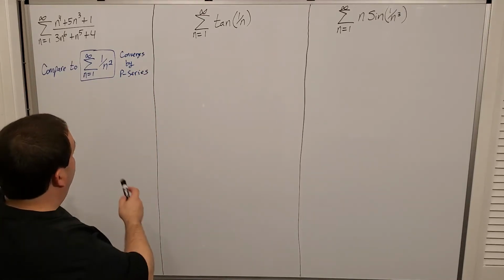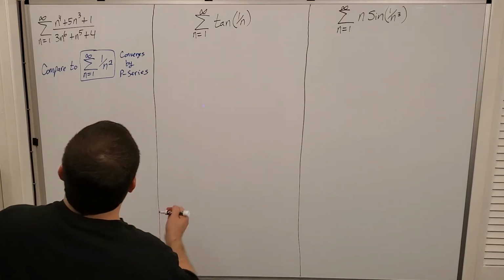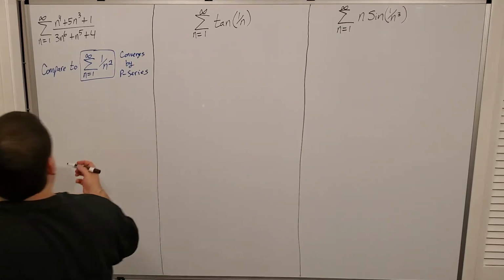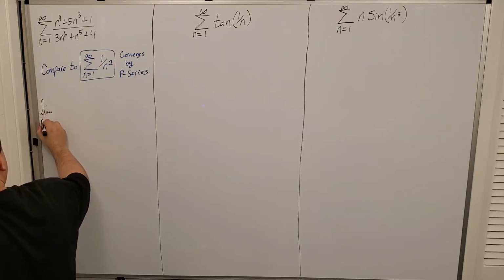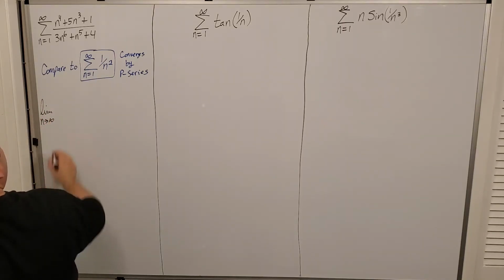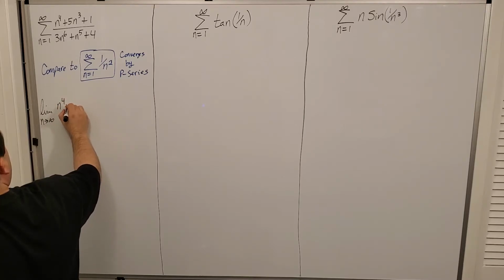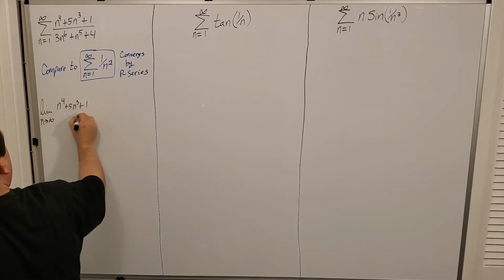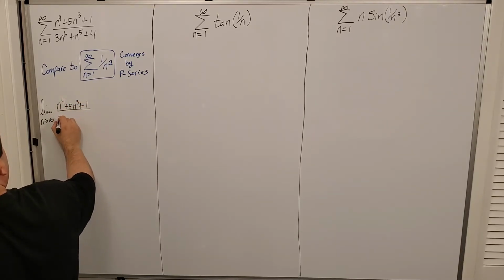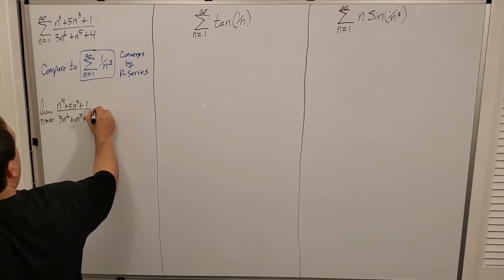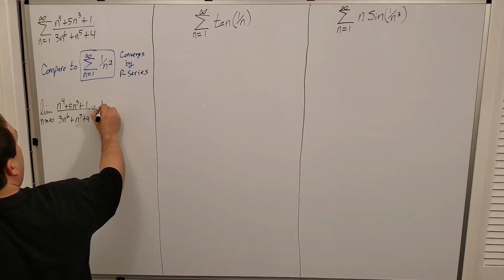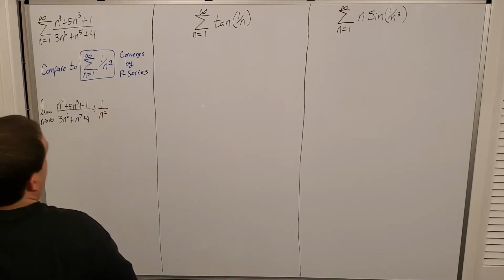So then from there, my comparison just has me setting up this limit. The limit as n goes to infinity of n to the fourth plus 5n cubed plus 1 over 3n to the sixth plus n to the fifth plus 4, divided by 1 over n squared.